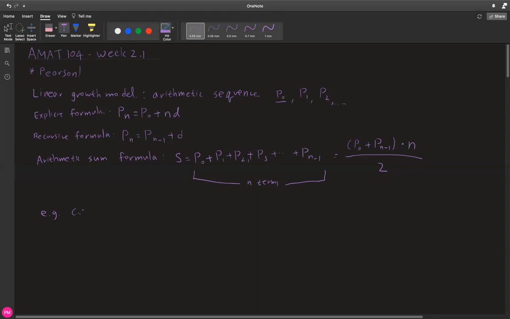Consider a population that grows linearly following the formula P sub n equals P sub n minus 1 plus 125, with the initial population given by P0 equals 80.